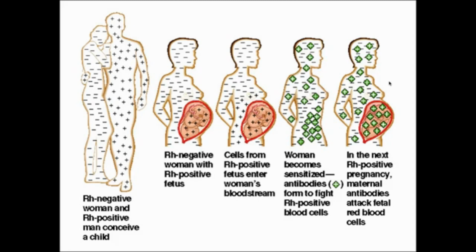So there's the example of when Rh does become a medical issue. And historically, actually, this is where the blood tests were required for marriage. By the way, that's still true in some countries and even some states.